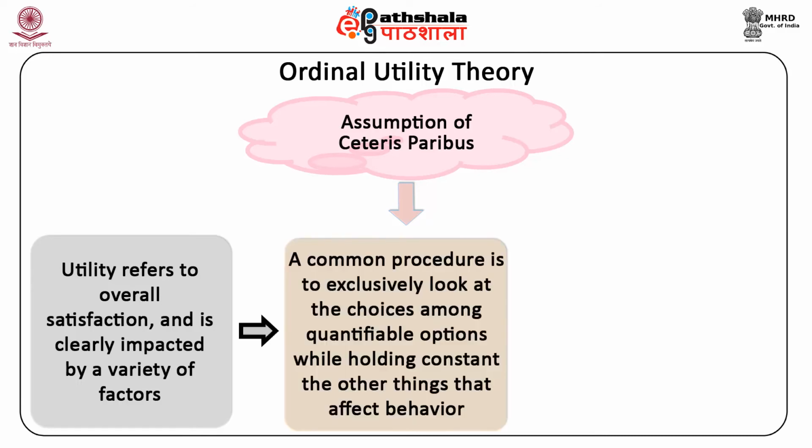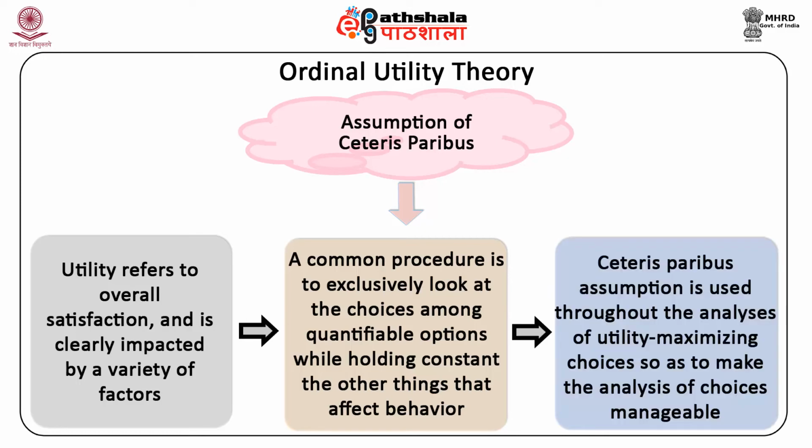Therefore, a common procedure is to exclusively look at the choices among quantifiable options while holding constant the other things that affect behavior. This ceteris paribus, meaning other things being equal, assumption is used throughout the analysis of utility maximizing choices so as to make the analysis of choices manageable.